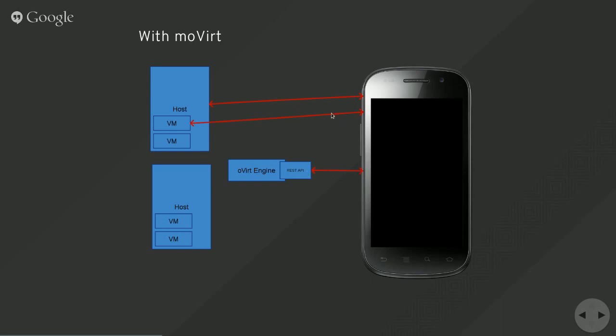The second arrow is to the VM directly. So this communication is basically opening the SPICE or VNC console to the VM directly. And the third arrow is to the host directly, the physical host. This is a little bit of cheating because we are not talking to the physical server.